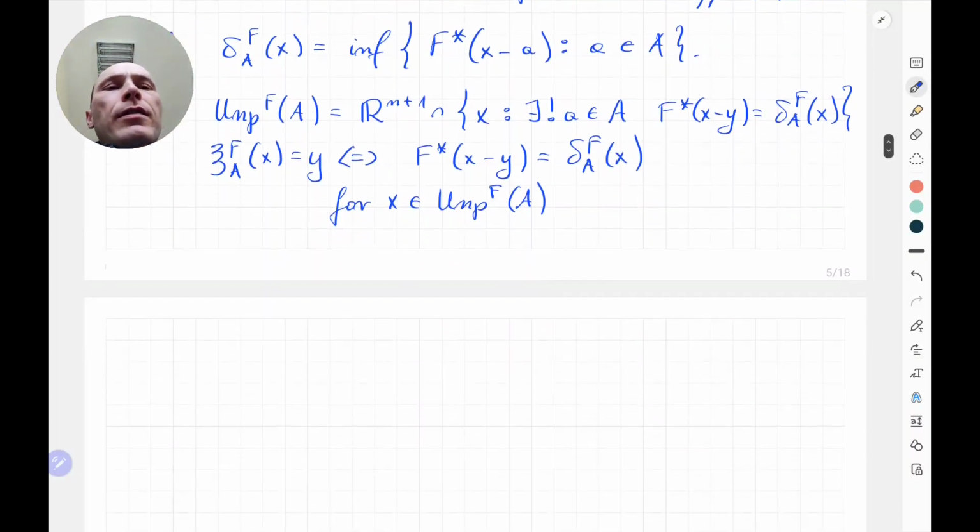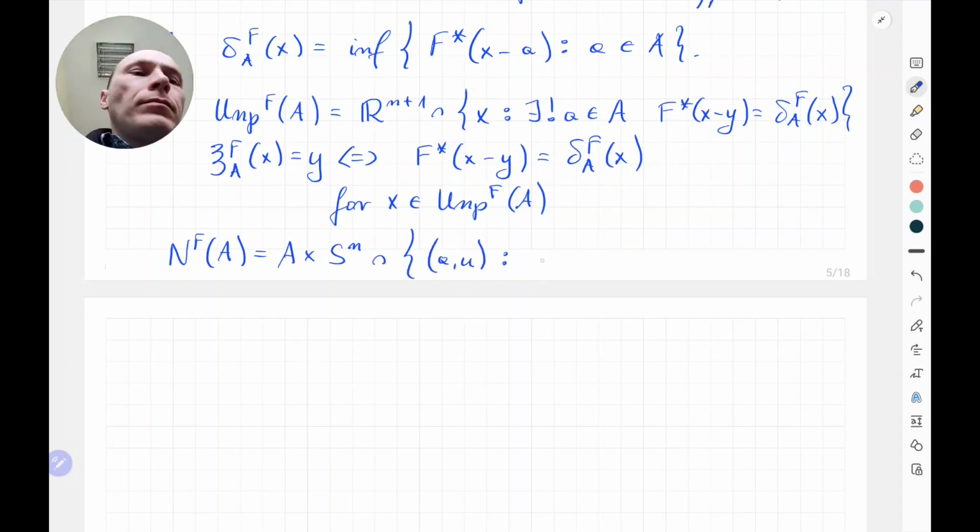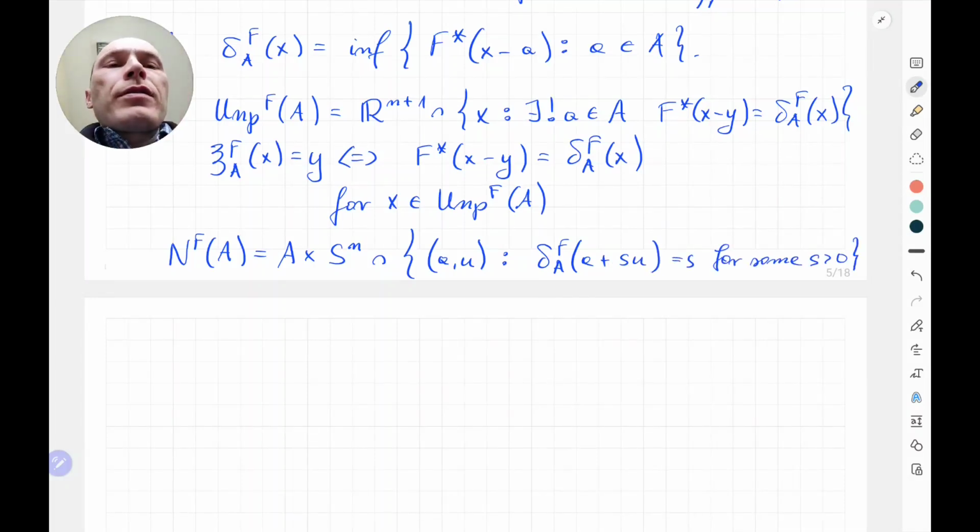So we have the distance function, the set of points where you have a unique nearest point, and the nearest point projection function. We also define something called the F-normal bundle of A. The normal bundle consists of those pairs (a, u), with a in the boundary of A and u a unit vector in the F-star sphere, so this is not a Euclidean sphere, such that if I go in direction u by a little bit s, then the distance of this point to the set A is exactly s.